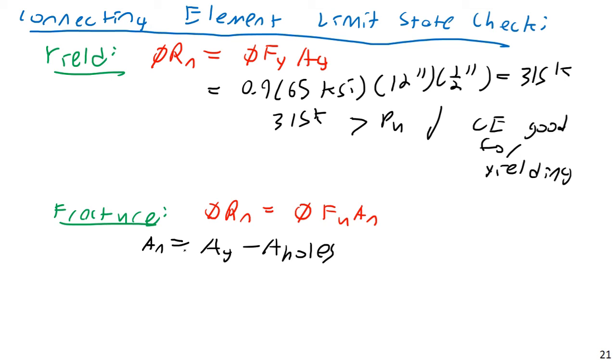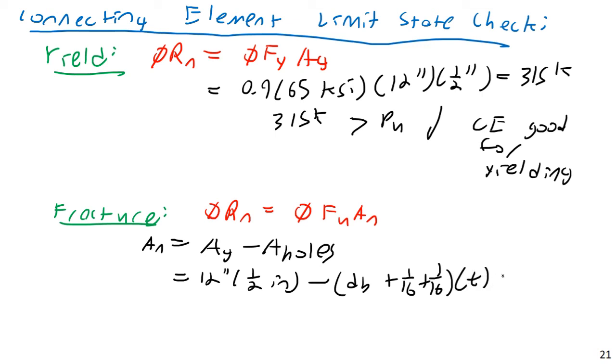And so then this will be equal to 12 inches times 1/2 inch. And we do the same kind of thing: diameter of bolt plus 1/8, plus 1/16, times the thickness, times the number of holes. And if you work through all that, you will find that the net area is 5.0 inches squared.